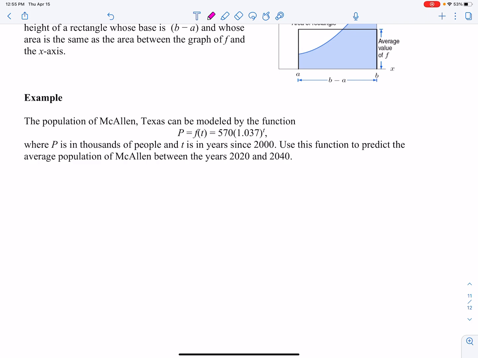Use this function to predict the average population of McAllen between the years 2020 and 2040. So T equals 20 to T equals 40, 20 years later, 40 years later.